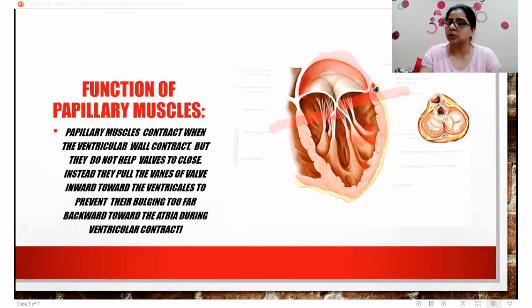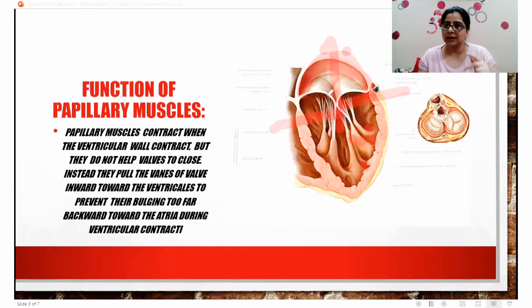This will lead to the loosening of these walls, and then backflow can take place from here to the atrium. This is a ventricle part, this is the atrium part. So when there is any rupture or any palsy in the papillary muscle, the backflow can take place and the blood can move toward the atrium in the critical case.